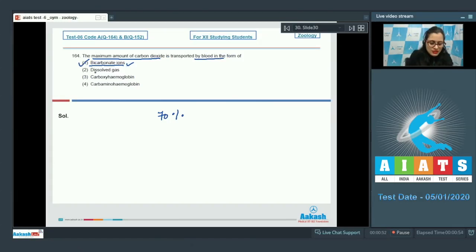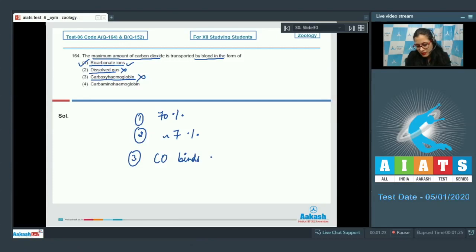The next option is dissolved gas, and this cannot be a correct answer to our question because nearly 7% of carbon dioxide is transported in blood or in plasma as dissolved gas. And the next option is carboxyhemoglobin, which cannot be a correct answer because carbon monoxide binds with hemoglobin to form carboxyhemoglobin.